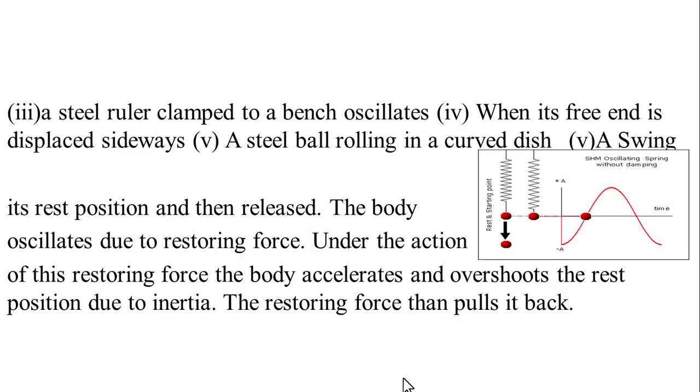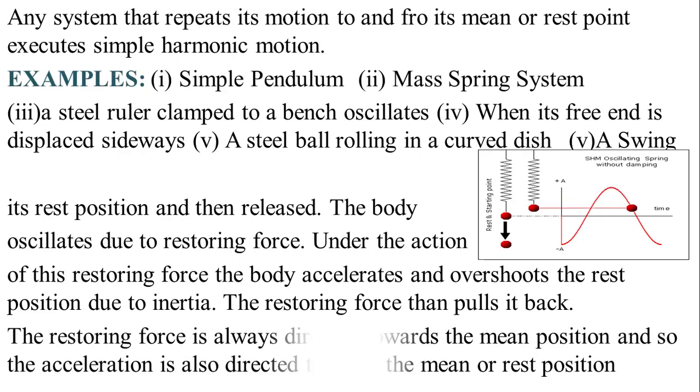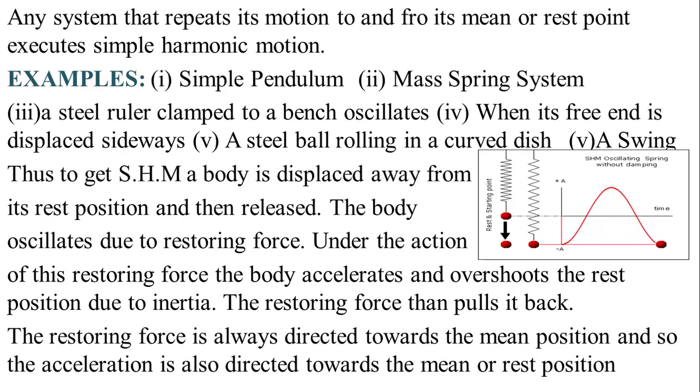We can see in this diagram that it shows simple harmonic motion. Now we can say that any system that moves to and fro about its mean position or rest position executes simple harmonic motion.